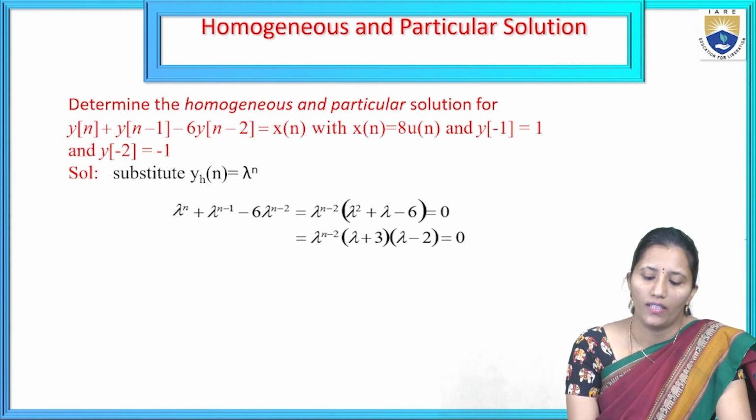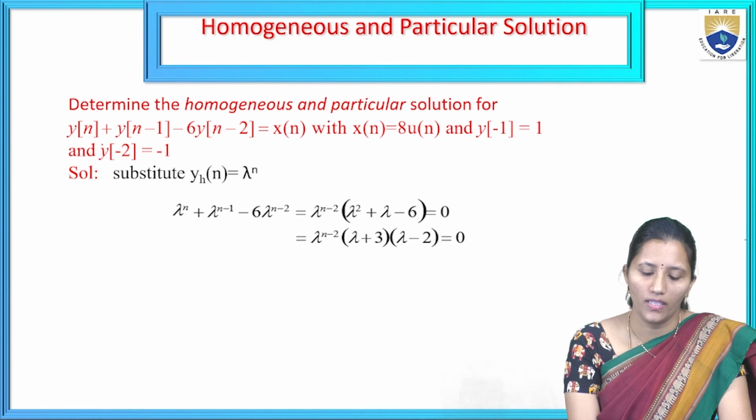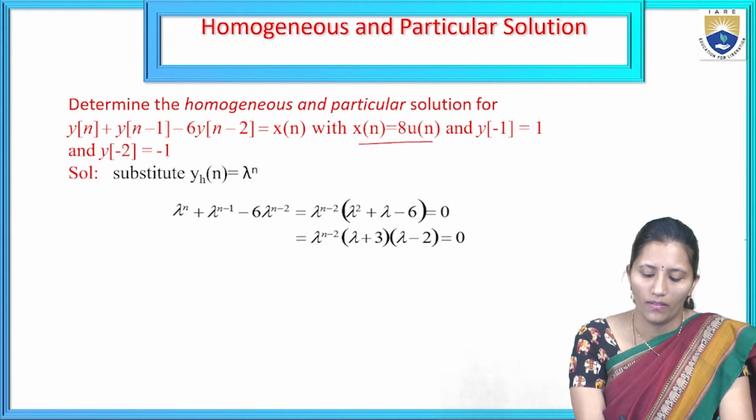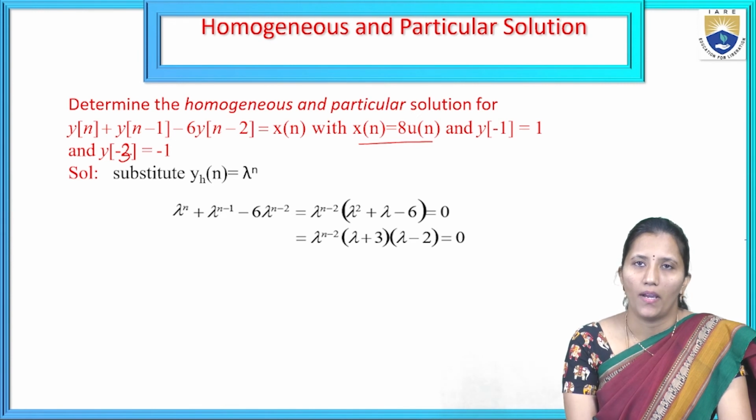Here the difference equation is y of n plus y of n minus 1 minus 6 y of n minus 2 is equal to x of n, where x of n is equal to 8 into u of n, y of minus 1 is equal to 3, and y of minus 2 is equal to minus 1.